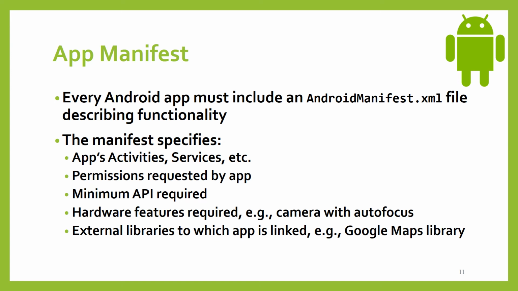The manifest specifies the app's activities, the services it makes use of, the permissions that the app requires for executing, the minimum API that is required for executing the app, and the hardware features that are needed, maybe a camera or any other external library that is linked with this particular app. All these details are included in the file called AndroidManifest.xml, which is the app manifest, which is very, very important, and every developer should be aware of it.